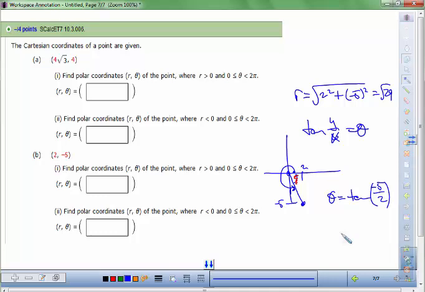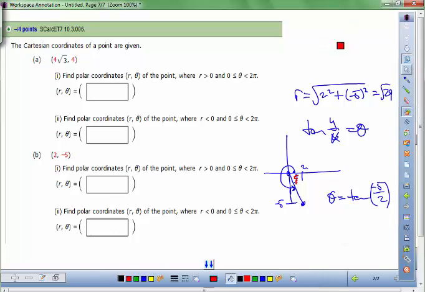I haven't taught trig in like 7 years. Anyways, if you just do the arctangent, it's only going to give you values between negative pi over 2 and pi over 2, which is going to be this red mark that I just put here, right?